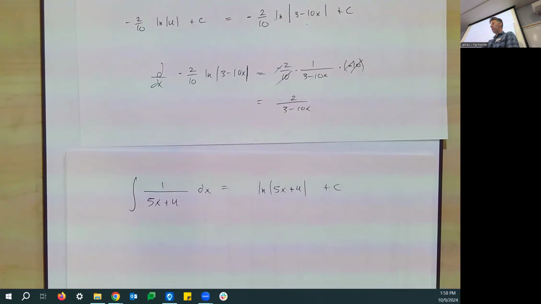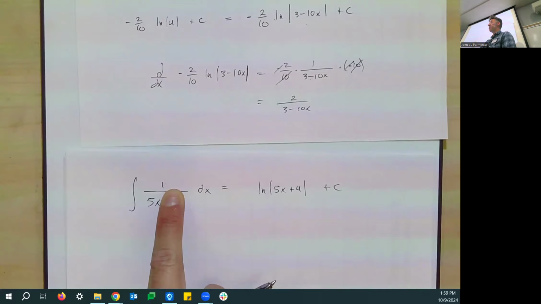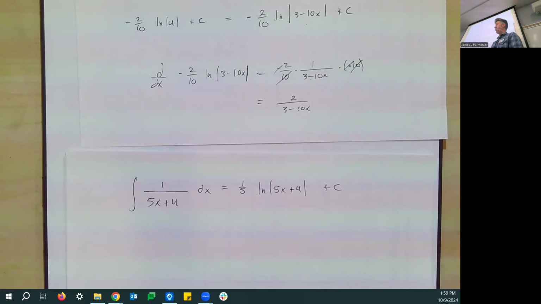If we took the derivative of the natural log of that stuff, we would get 1 over that stuff multiplied by what number? Say it loud. 5. But there isn't a 5 there that I'm multiplying by, so I have to divide by 5 so that everything works out okay. Done. That's our answer. I didn't do the u-sub.